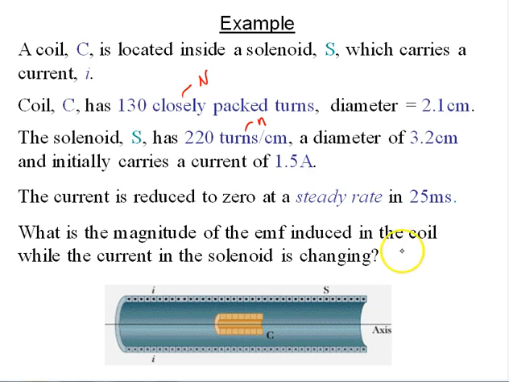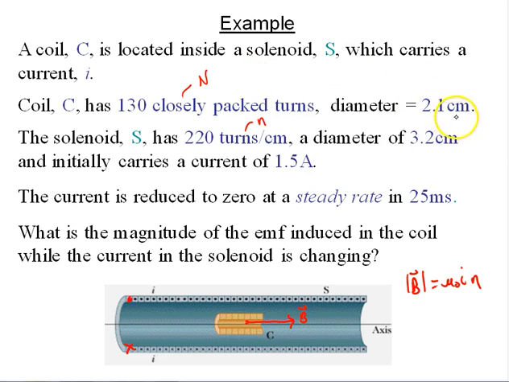So we want to know what is the magnitude of the EMF induced in this coil while the current in the solenoid is changing. If the current in this solenoid, I think it shows an X down here and a dot up here, so if we use our right-hand rule, we know right at the center of this solenoid, it's going to produce a magnetic field in this direction, and it's going to be uniform at the center of the solenoid. The magnitude of the magnetic field from a solenoid will be equal to mu naught I, current through the solenoid, times the turns per unit length, which we're given.